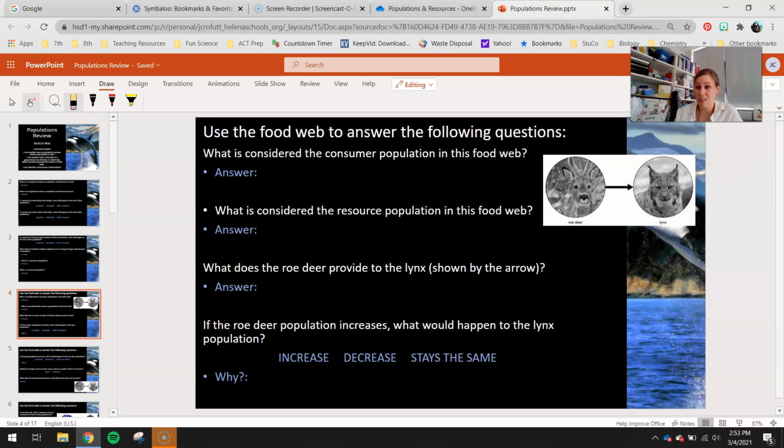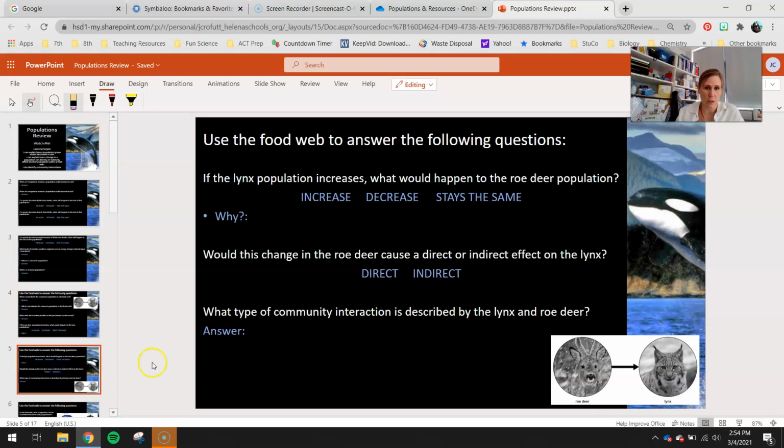If our predator increases, they're going to eat more, therefore it's going to cause our prey to go back down. If our prey goes down, our predator is going to have less to eat, so it's going to go down. And then if our predator goes down, the roe deer can increase because there's less eating it. So it's all one big cycle and it keeps going forever. So go ahead and explain that particular part of that cycle.